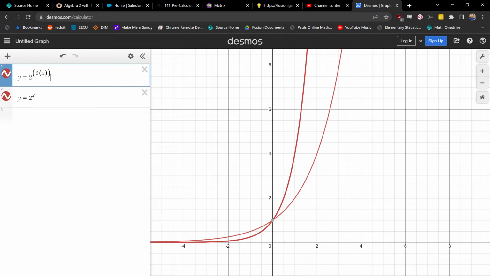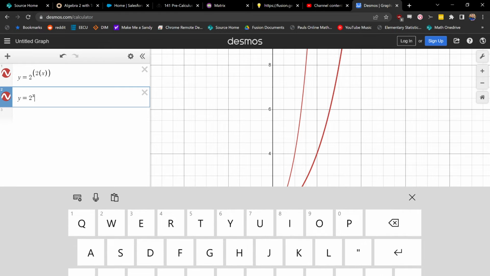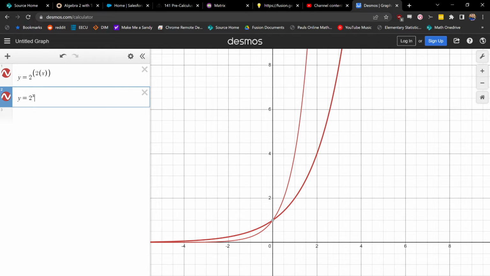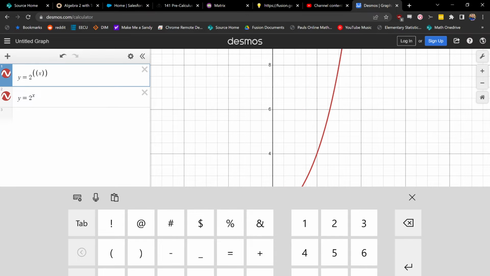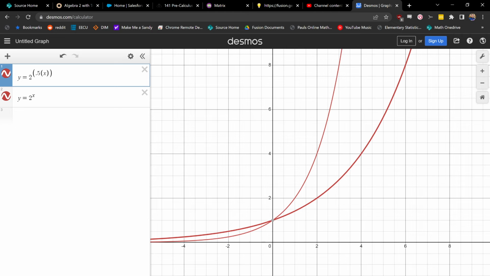So you can see that what happens whenever we multiply by the 2 inside is it kind of shrinks it. Whereas if we multiplied by, say, 0.5, it widens it.